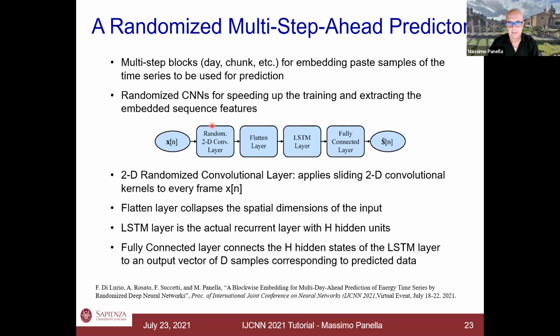In this case, we have a convolutional layer randomized, a flattened layer, and an LSTM layer fully connected. So it's a very standard architecture, but we compared the performance when the convolutional layer is trained or not in a multivariate approach.